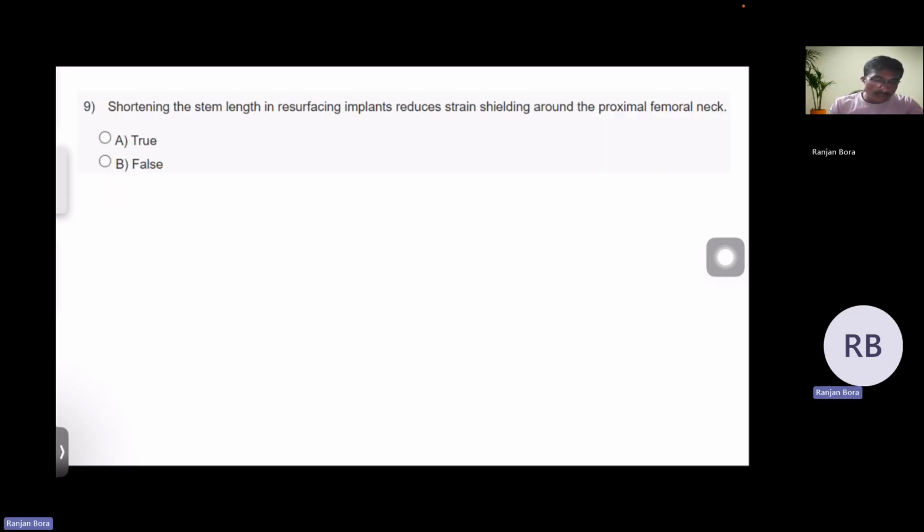Okay, next question is, shortening the stem length in resurfacing implants reduces strain shielding around the proximal femoral neck. We have to tell whether this statement is true or false.